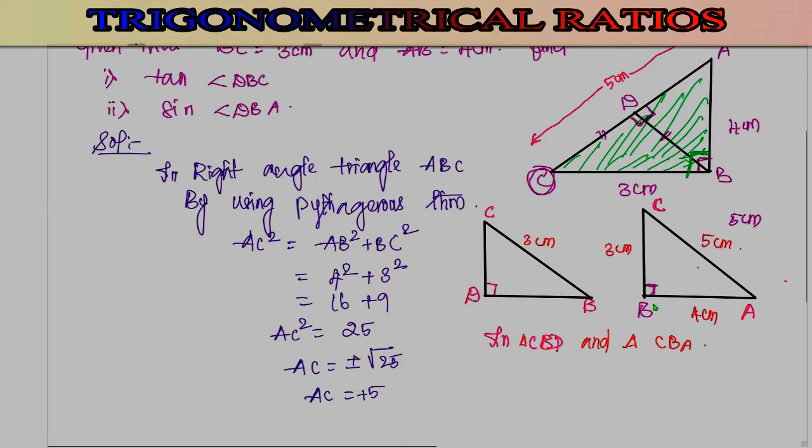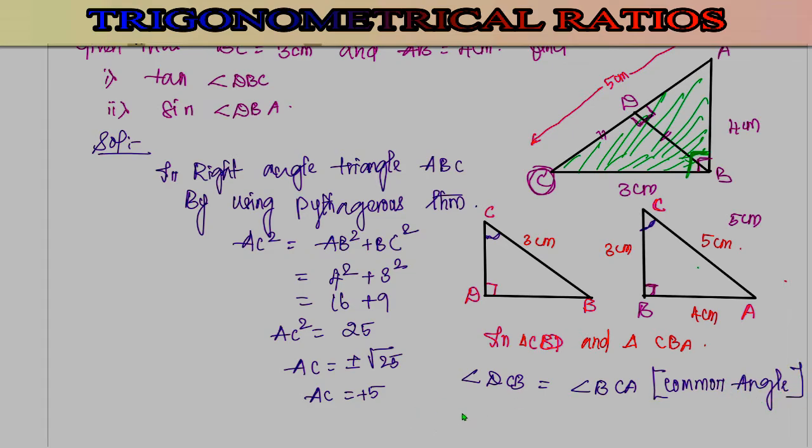Now if you observe these two triangles, there is a common angle in both the triangles. So here angle DCB is equal to angle BCA. In both the triangles, angle C is the common angle. And the next one, angle CDB is equal to angle CBA.